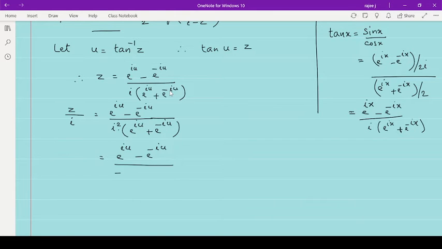So it is minus (e raised to iu plus e raised to minus iu) in the denominator.